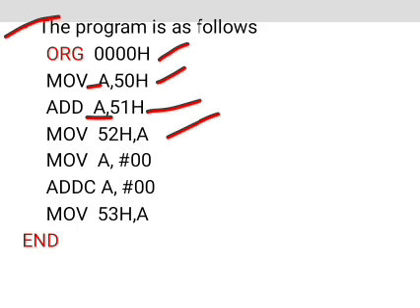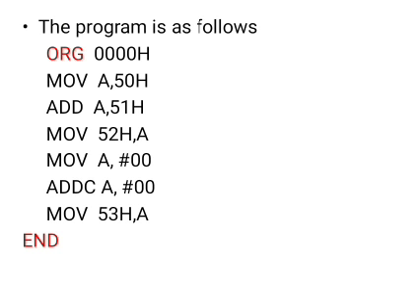Next, MOV 52H, A. Save the least significant byte of the result in location 52H. Next, MOV A, #00. That means load 00H into the accumulator A. ADDC A, #00.